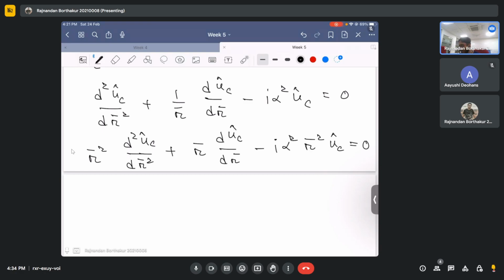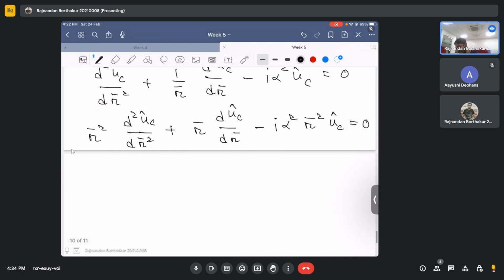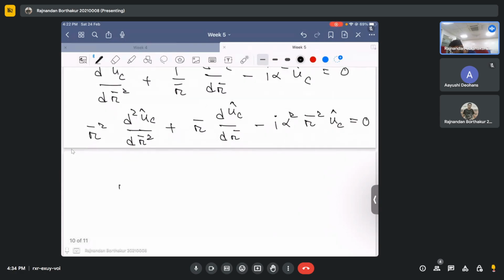All right. Now we will do a change of variable, and we will define a variable r tilde as r bar alpha root i. Why? We will see shortly. So this term would basically be r tilde squared.